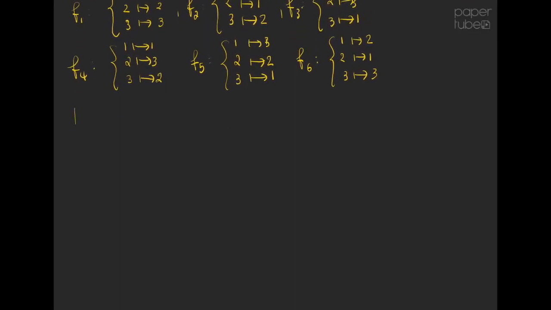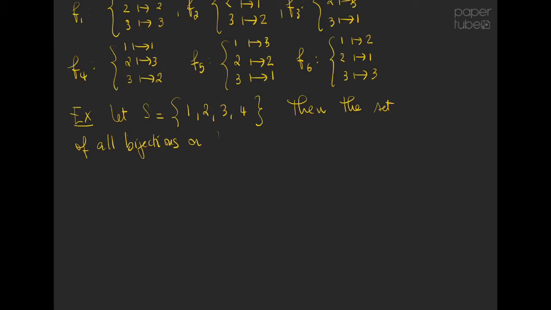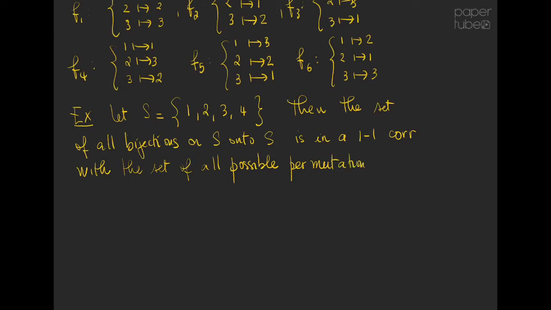Now, if we let S be the set containing 1, 2, 3, 4, then the set of all bijections of S onto S is in one-to-one correspondence with the set of all possible permutations of S. So in other words, the set A of all bijections of this set has really 4 factorial elements.